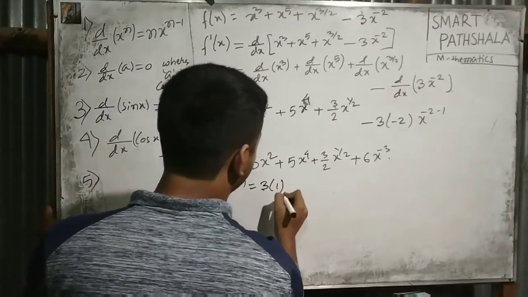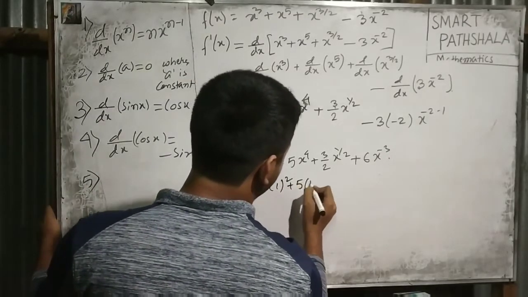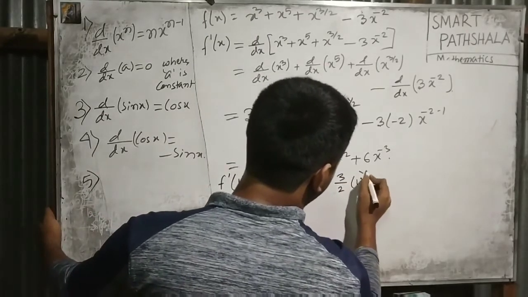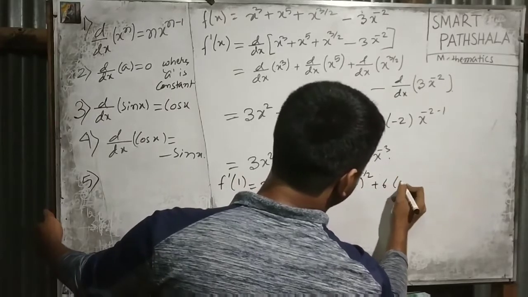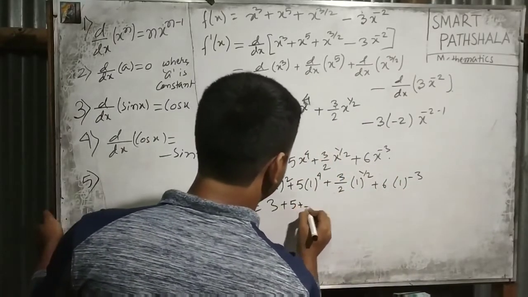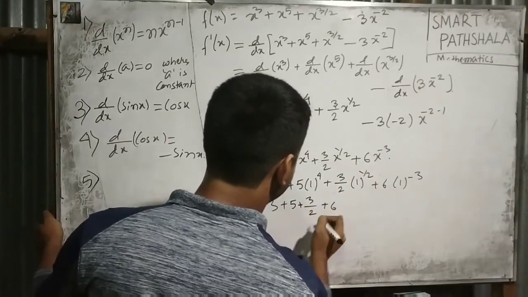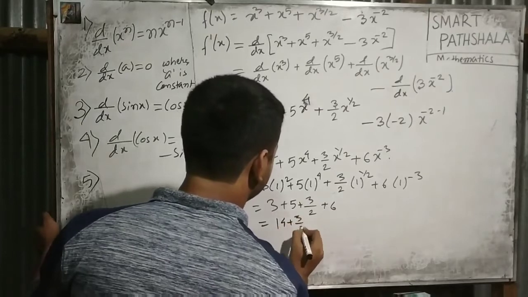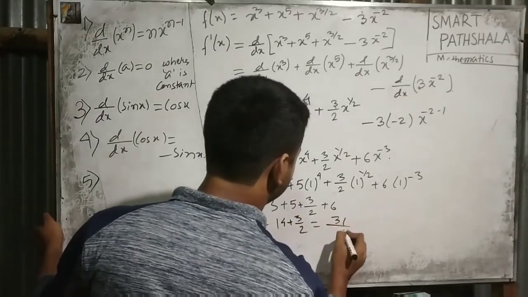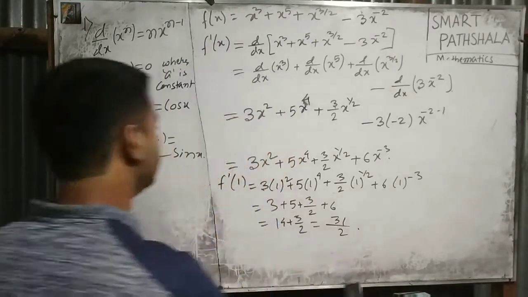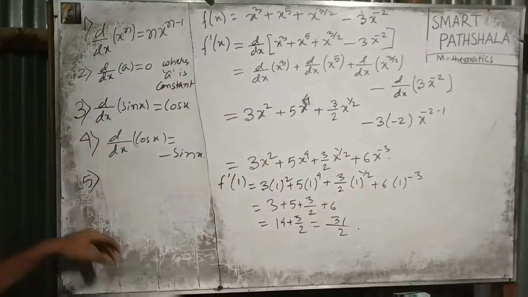So 3 into 1 squared plus 5 into 1 to the power 4 plus 3 by 2 into 1 to the power half plus 6 into 1 to the power minus 3, which will give you 3 plus 5 plus 3 by 2 plus 6. 6 plus 5 is 11, plus 3 is 14, plus 3 by 2, which gives 28 plus 3, 31 divided by 2. Right? In this way you can solve all the polynomial functions.